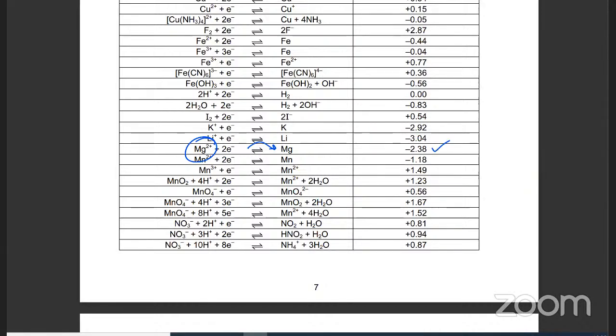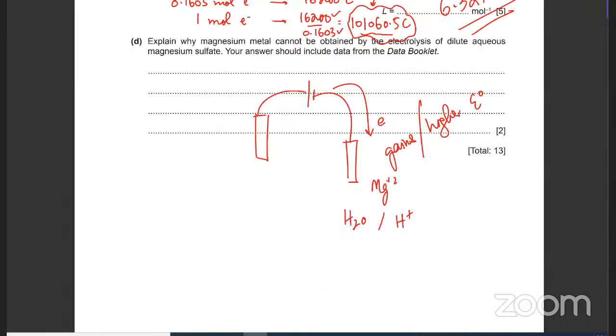I've got an equation for water gaining electrons, and that's minus 0.83. And I've got an equation for H+ gaining electrons as well, and that's 0.00. So the higher potential is these two. These are much higher compared to this one. That would be the explanation for this one, that Mg has a lower E0 compared to water and H+. Is that clear? Yes, sir.